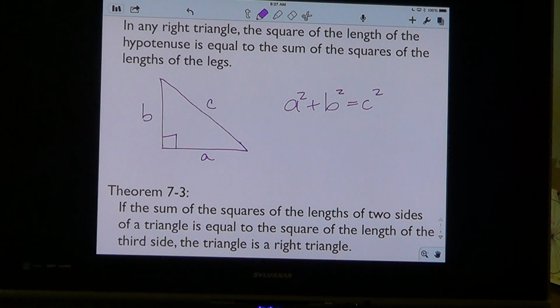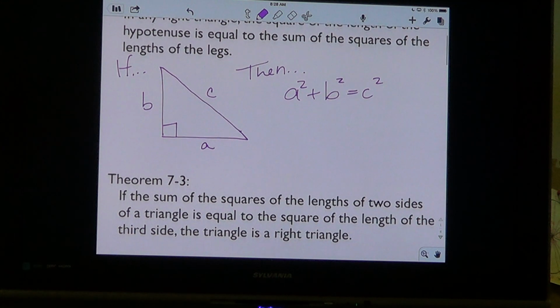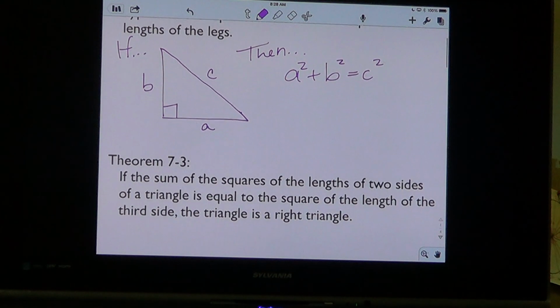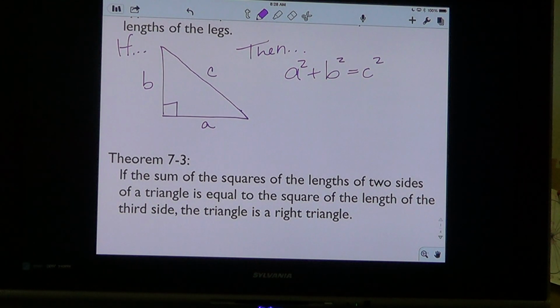So this one's saying if it's a right triangle, then this is true. So the converse would be if a squared plus b squared equals c squared, then it's a right triangle. And you don't necessarily know which side is the hypotenuse because you don't have a right angle that's labeled for you, but the hypotenuse would be the longest side.